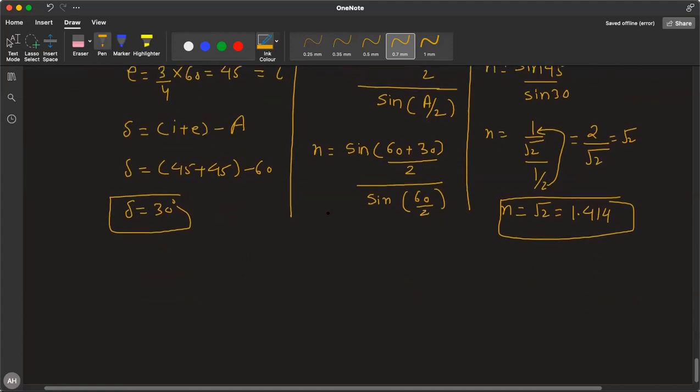One last question. One last numerical. Last type of numerical.